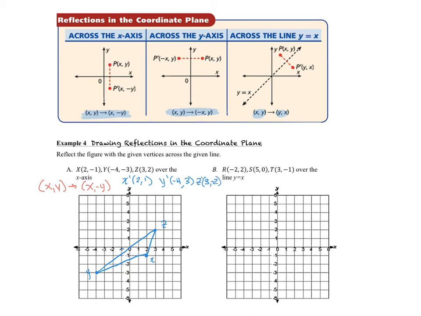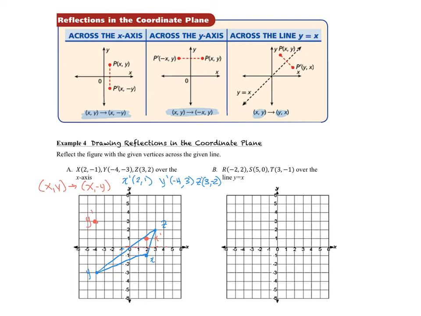And so I can go ahead and graph these now. So x prime was at 2 comma 1. And you can see now that that did reflect over this x-axis, but that would have been harder to do without having done the coordinates. So I like to memorize these mapping rules. So y prime is going to be negative 4, positive 3.